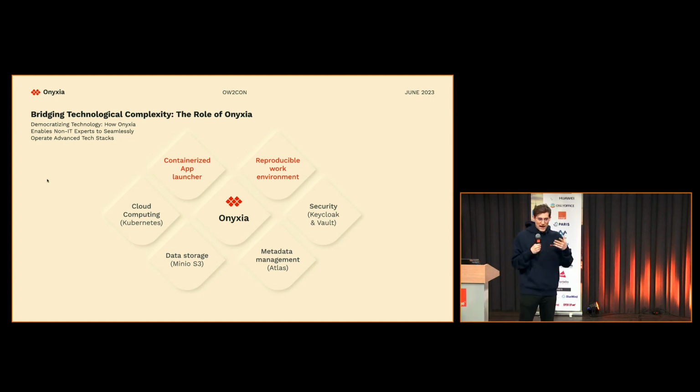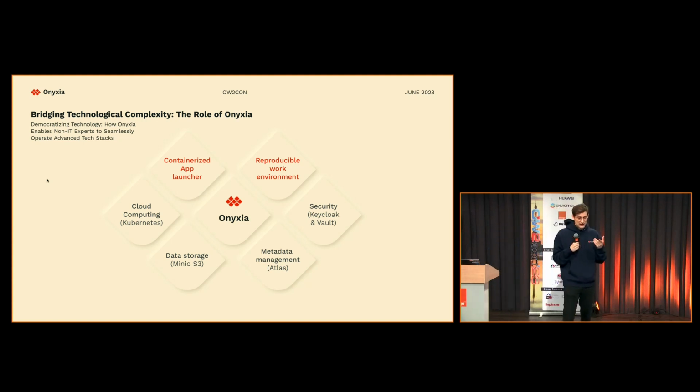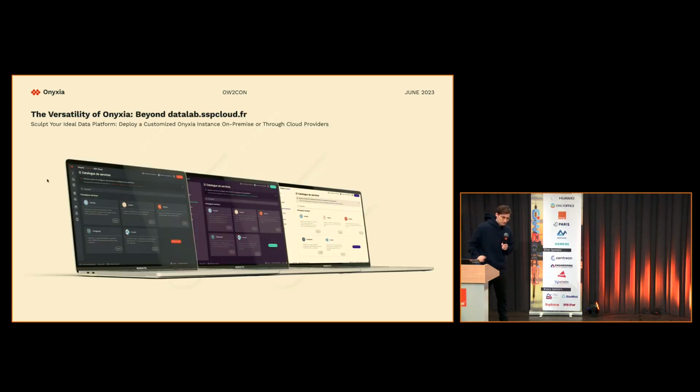So at the start, data scientists start using Onyxia because it's the only way they can interact with the cluster. And after some time, they get used to the technology and they keep using Onyxia, but just because it's a good user experience, but they would know how to do it by interacting directly with the cluster with command line interface and API request.